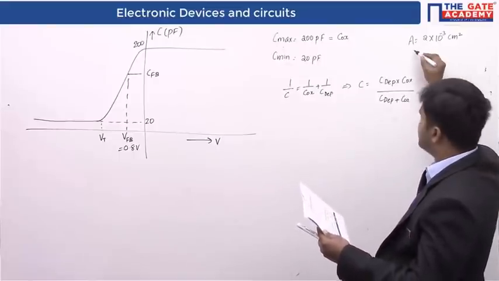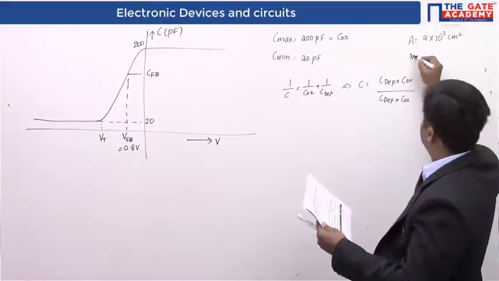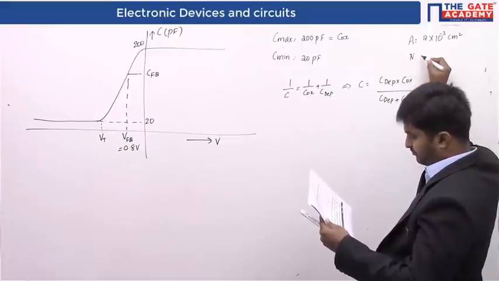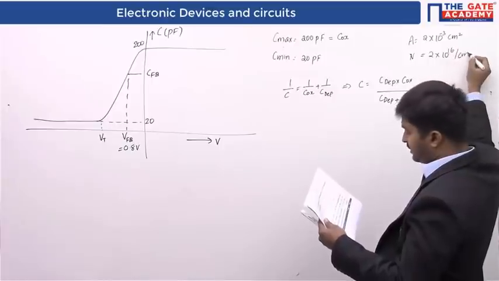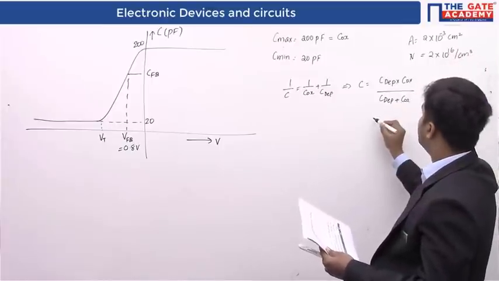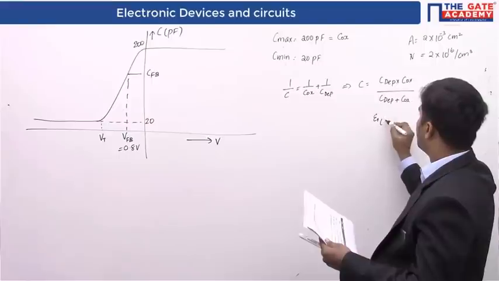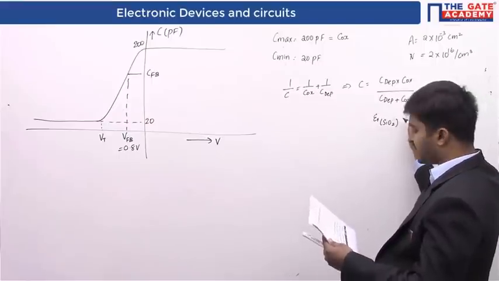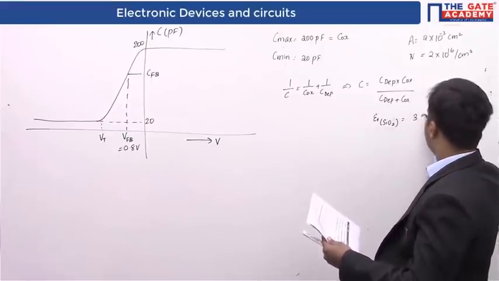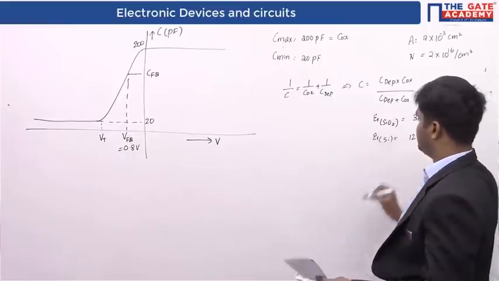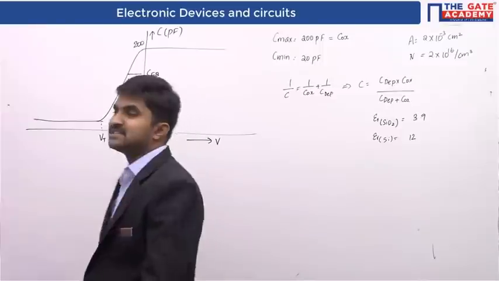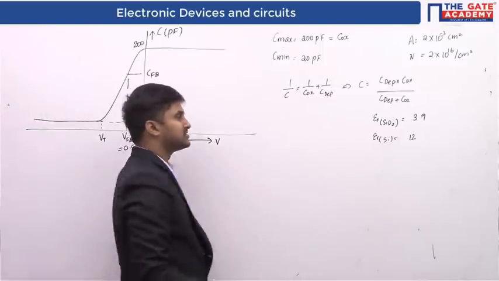The doping concentration is also given to be 2 into 10 power 16 per centimeter cube. The relative permittivities are given: epsilon R of SiO2, the silicon oxide layer, is 3.9 and the epsilon R of silicon is 12. These are the different data available with us.